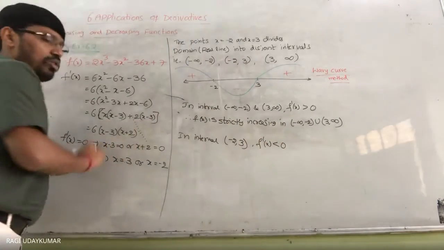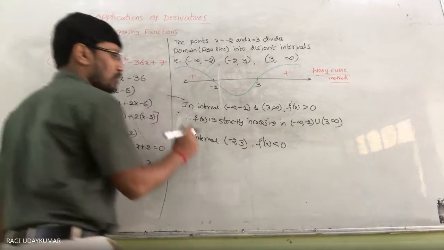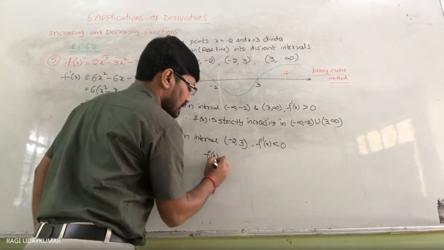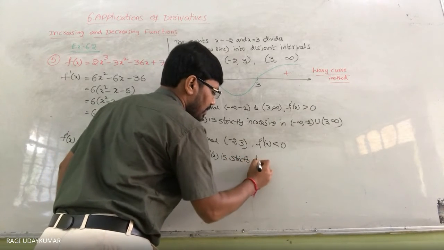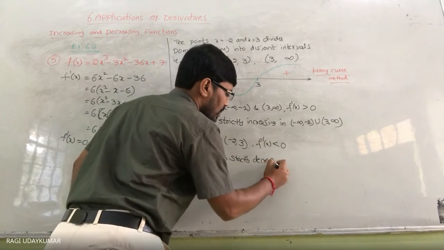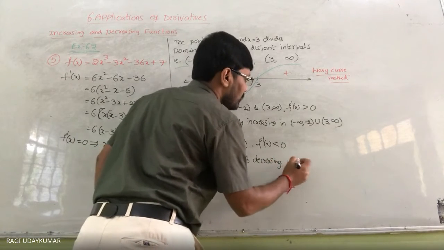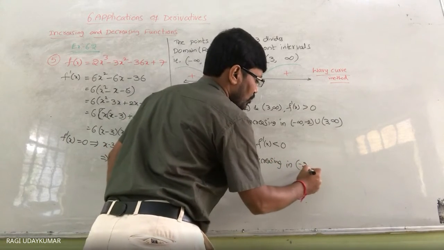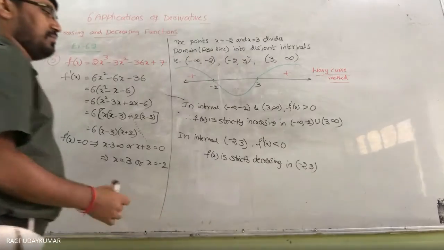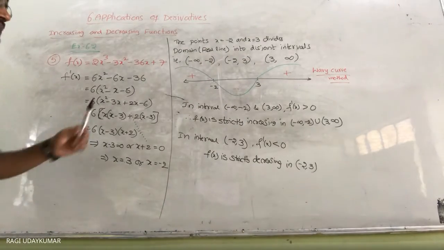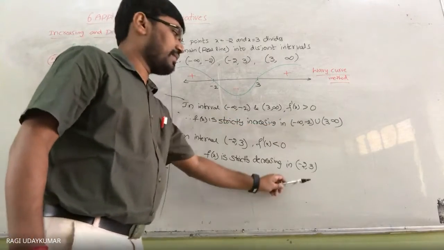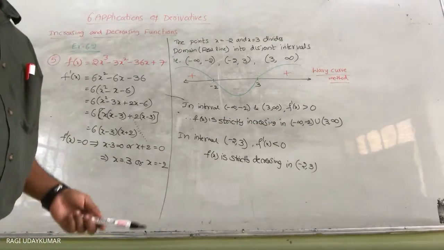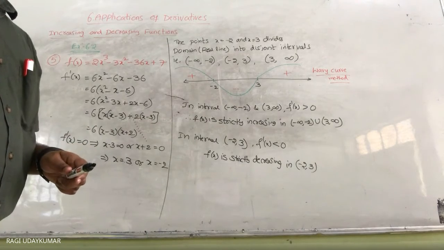It will be less than 0 in that interval. Therefore, you can say that f of x is strictly decreasing in minus 2 to 3. So in this interval it is positive, increasing. In this interval it is decreasing. So like this you have to decide that.